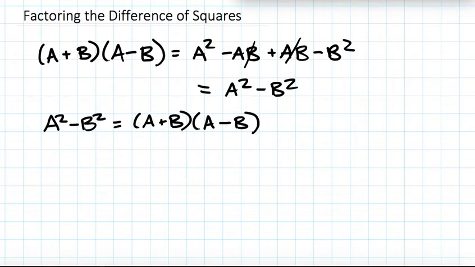So for coefficients and constants, if we have a number that's in the form a squared and we want to find a, we take the square root.